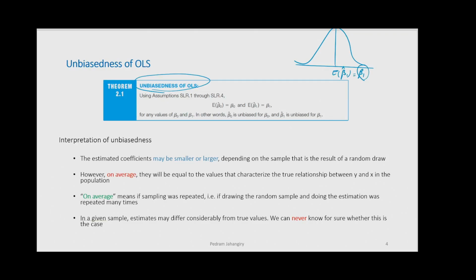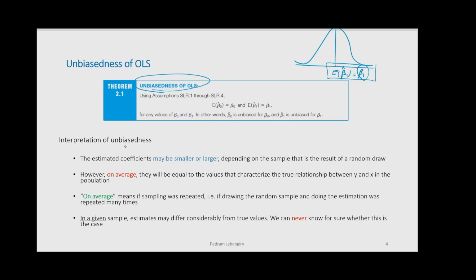However, I can see one of these beta hat 1s because I work with only one sample. But if I keep sampling many times, using some mathematical properties we can prove that on average we are hitting the target. What is the target? The population parameter.